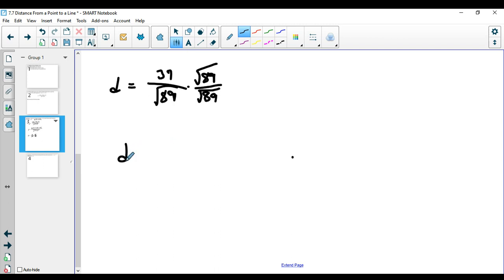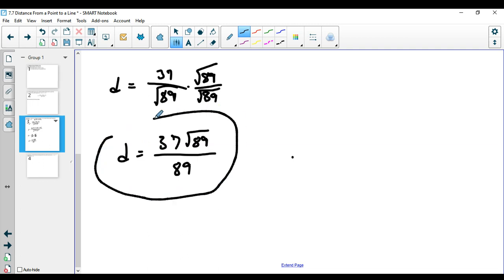Multiplying something by 1 doesn't change it. So 37 times the square root of 89 all over 89. And I don't believe 37 and 89 reduce at all, so that will probably be our answer.